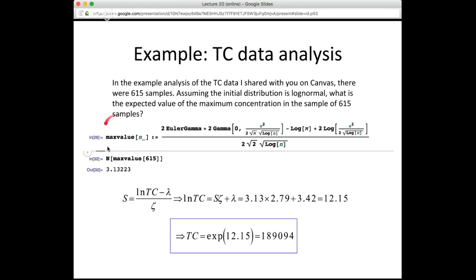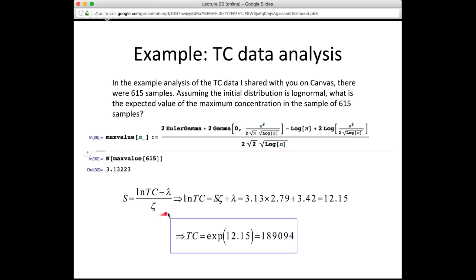So we just basically take that expected value of the asymptotic distribution for the standard normal, and we plug in a sample size of 615, and we get back that the expected value for the standard normal variate is going to be 3.13223.